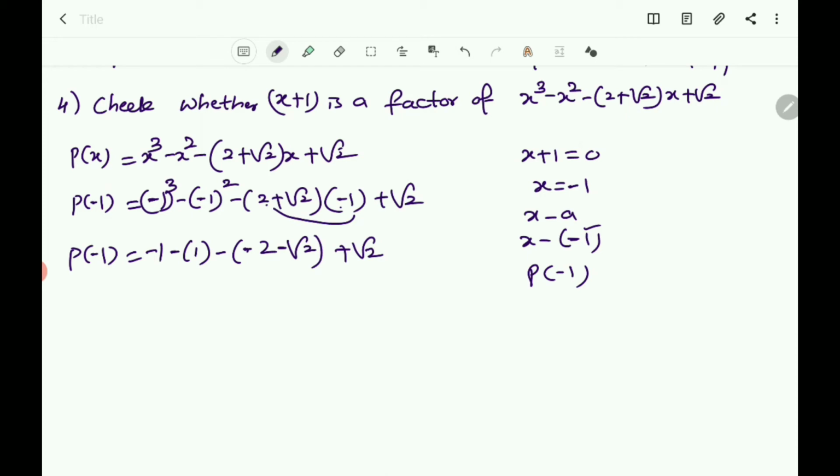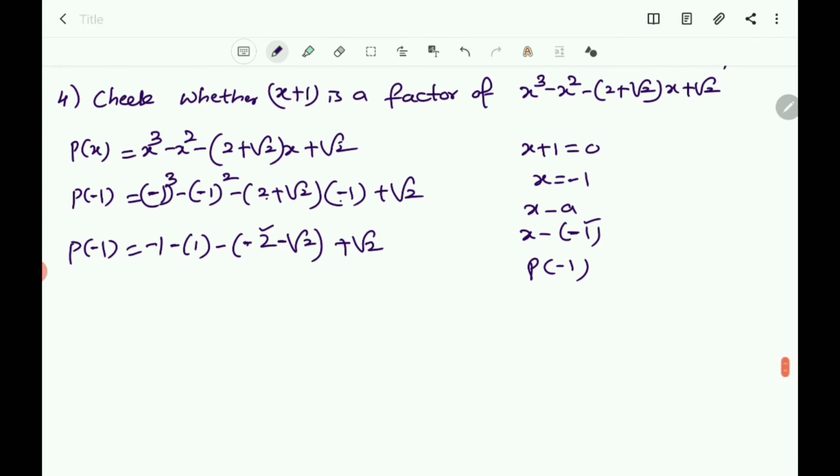Here this is multiplied by this, you got this one, and again this is multiplied by this, you got this one. 2 into minus 1 is minus 2, root 2 into minus 1 is also minus root 2. Then P of minus 1 is minus 1, minus 1, minus of minus 2 which is plus 2, again minus of minus root 2 plus root 2.